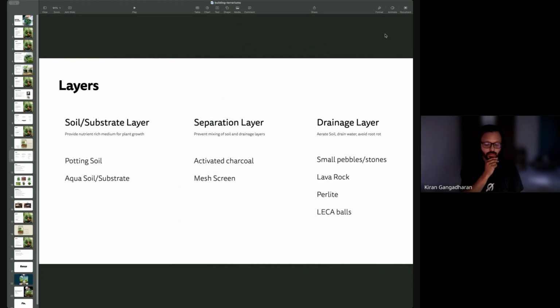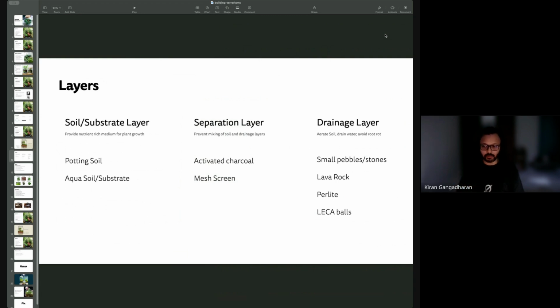And the third thing, what I've seen on the internet, is just dry moss, and they put a lot of it, building a big layer in between, which is a more natural way. And if you can find a lot of moss in your backyard, then this is also budget friendly, with less things to buy. And then you have your soil and substrate layer.